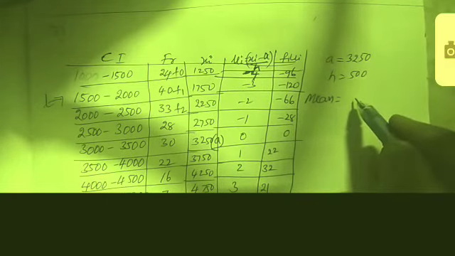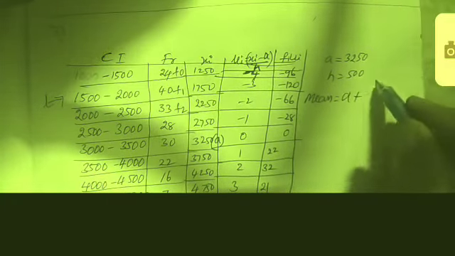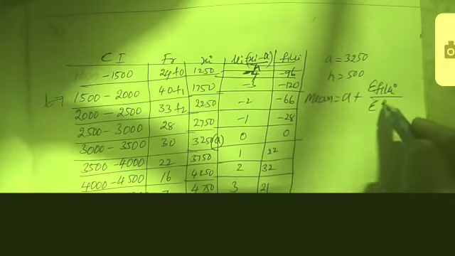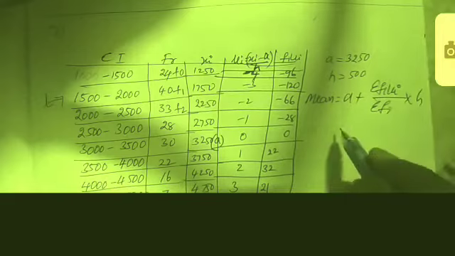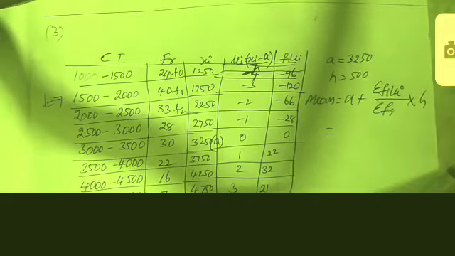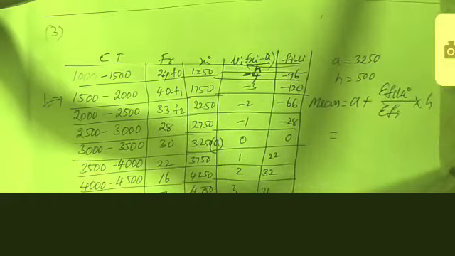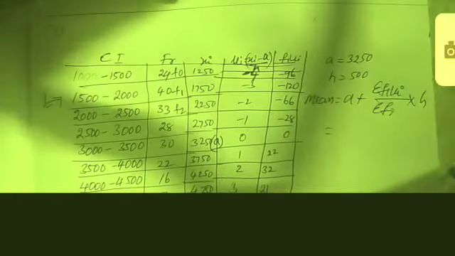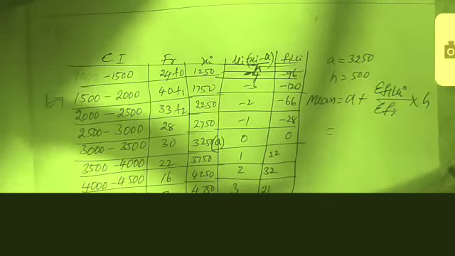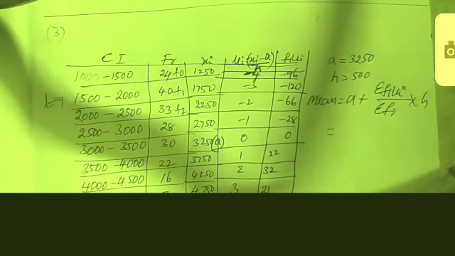Mean equals A plus sigma Fi ui by sigma Fi into h. A is 3250, and sigma Fi ui we have found.